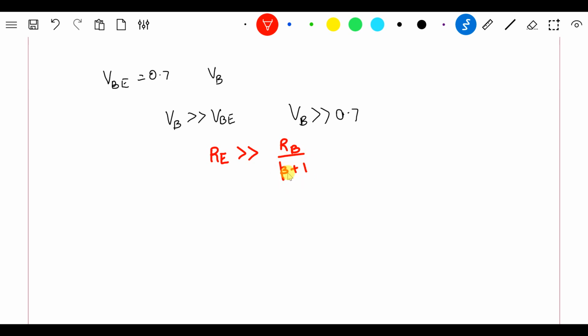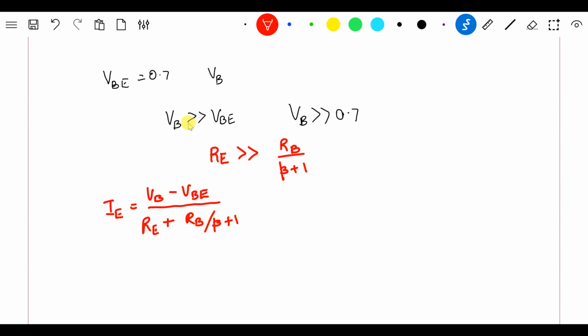We know that earlier we derived the equation for IE, which was equal to VB minus VBE, base voltage minus base emitter voltage, divided by RE plus RB divided by beta plus 1. This was the derivation which we did earlier.